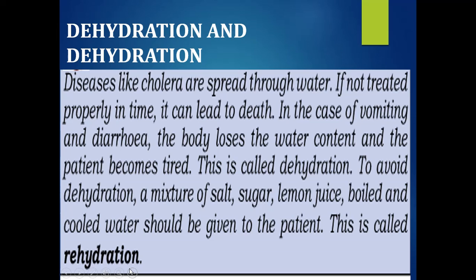Re means again, so we are hydrating our body again with water by the mixture of salt, sugar, lemon juice, and boiled and cooled water. So dehydration means the body loses water content. Rehydration means we add water content to our body again by drinking this mixture.